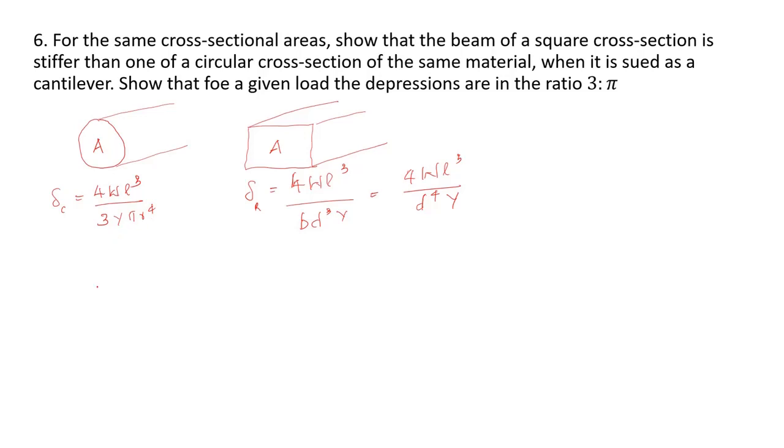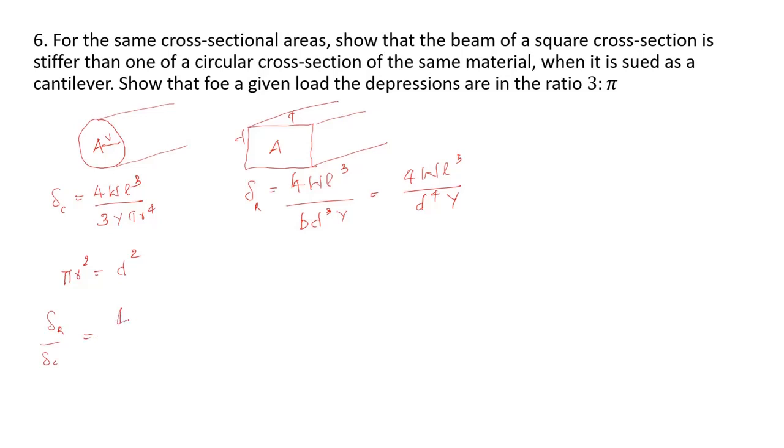And we know that the areas of cross section are the same, that is pi r square is equal to d square, where d is the side and r is the radius. This is the relation. So let's take the ratio of both these, delta r divided by delta c. What will be its ratio?